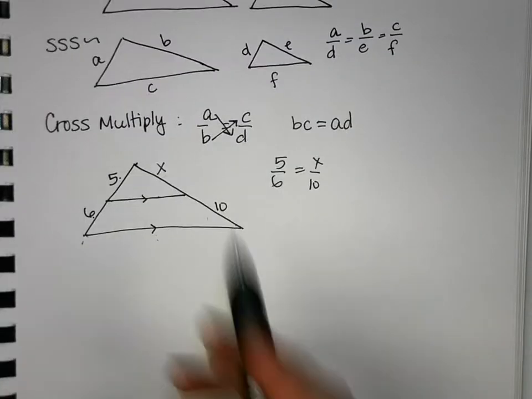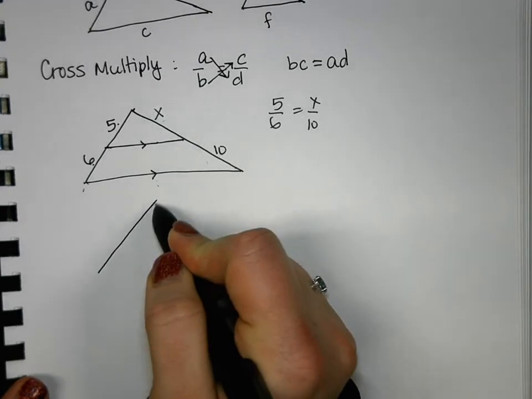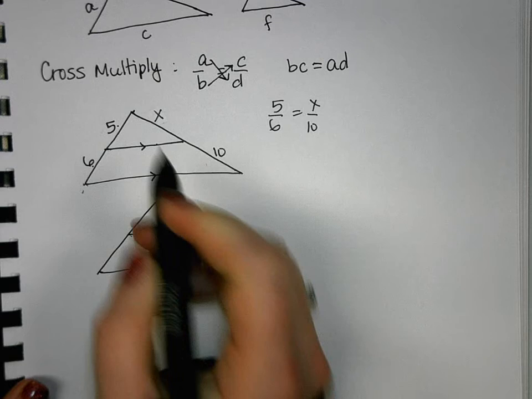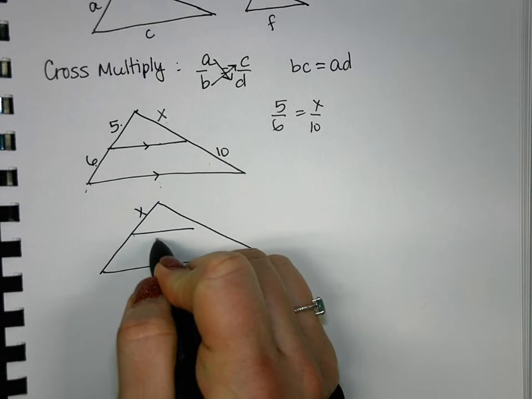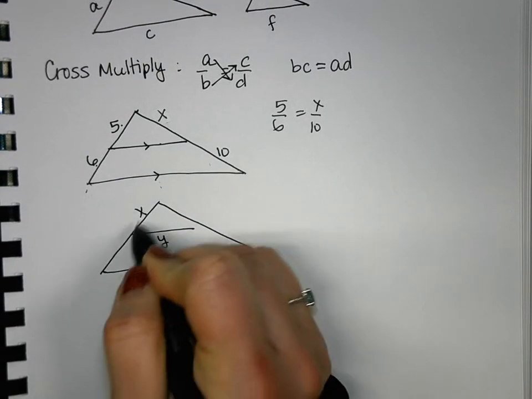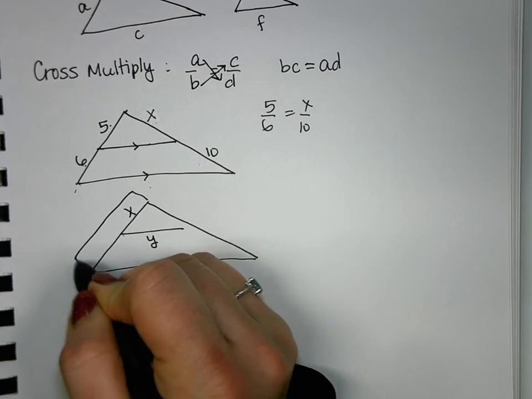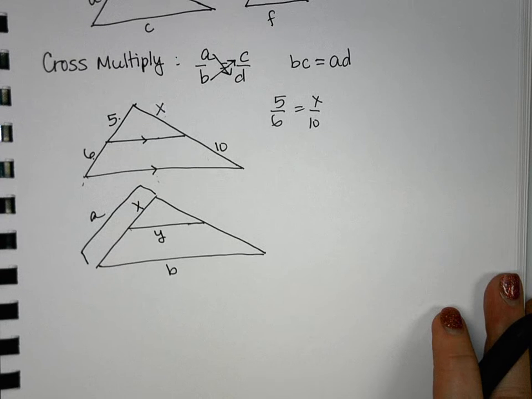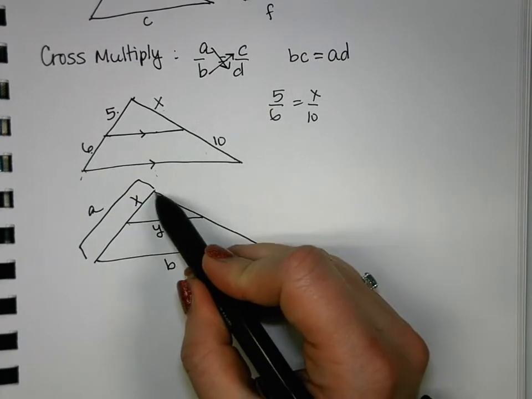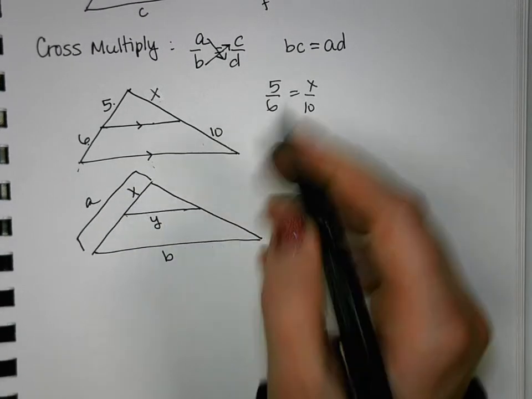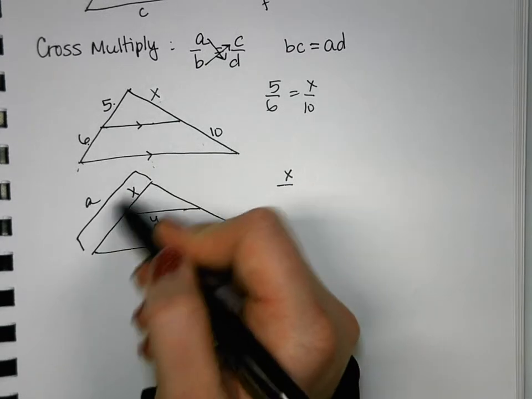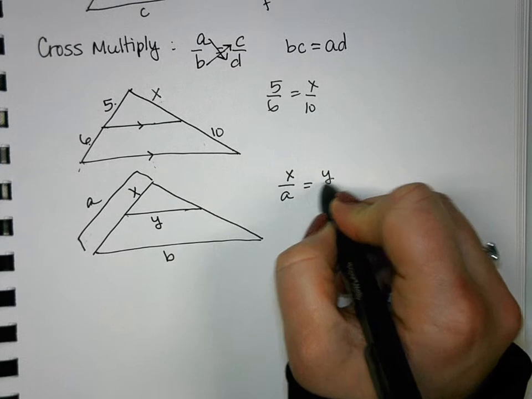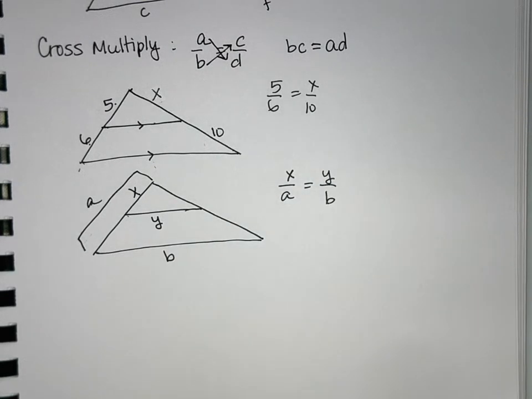If it wasn't two sides being split, so if it looked more like this here, we could not use the side splitter theorem. We would have to do this little part x over the whole part A equals the smaller part y over the larger part b.